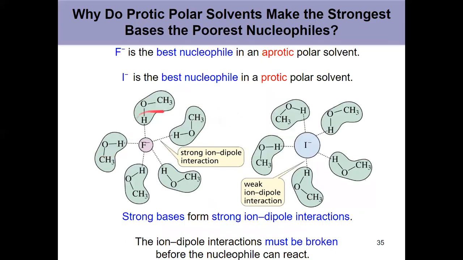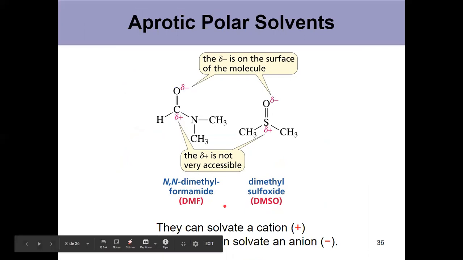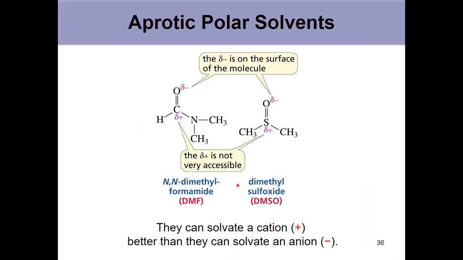Think about this like a shield surrounding the nucleophile. Versus here, it's not going to happen as much. That partial positive is stuck on the inside of a molecule, so it's not interacting as strongly. And that's why you see the difference. They can still dissolve things, but they don't shield them. So in an aprotic polar solvent, the stronger the base, the better the nucleophile.